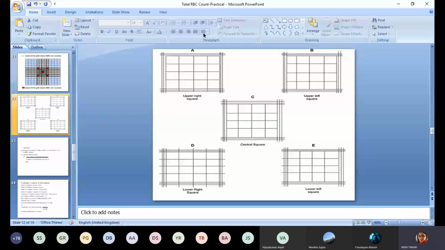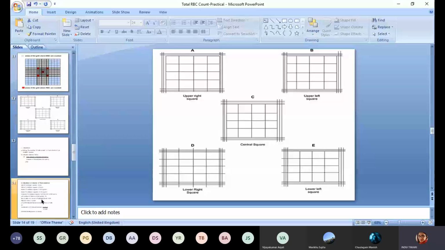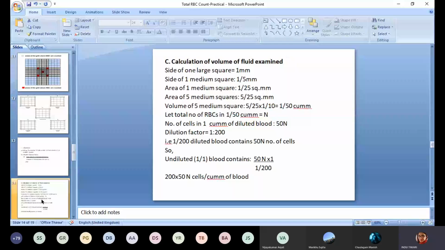It will be 1/5 millimeter. Yes or no? Because there are a total of 5 squares, so one medium square will have a length of 1/5 millimeter.